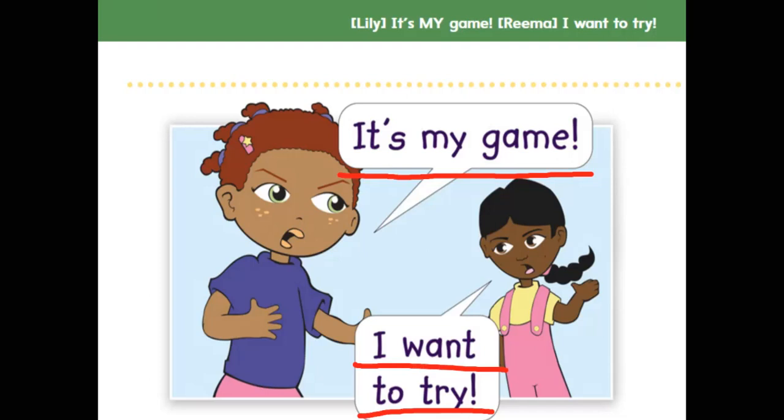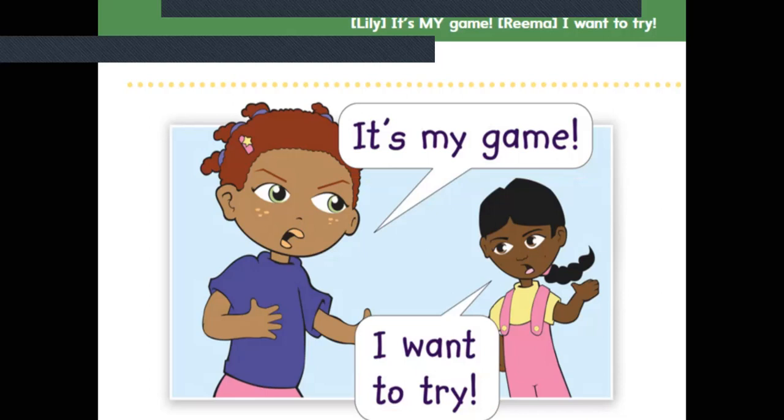Do you think rules help us get along? It looks like they are not taking turns, right? So Rima thinks it's her game. It might be her game, but Lily wants to try. So what do you think these girls should be doing?